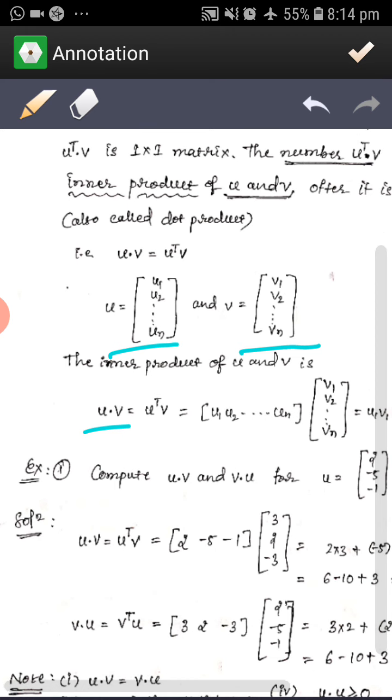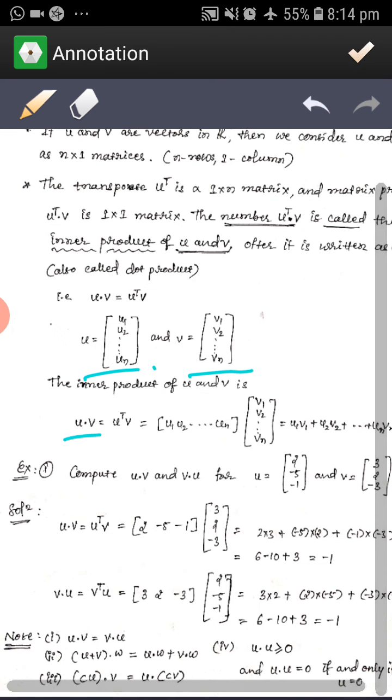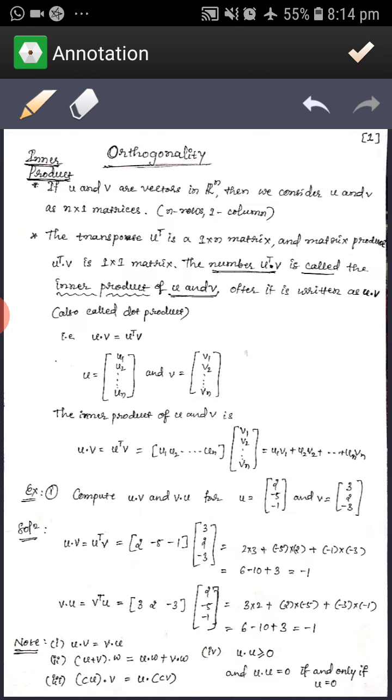There is no dot here. The product will be u1 v1 plus u2 v2 plus u3 v3, and so on, up to plus un vn. This is how the inner product looks.